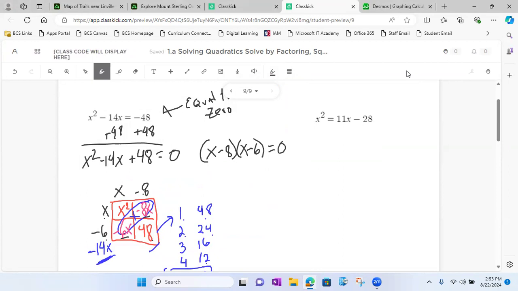Now, what we want to do at this point, if you remember from previous lessons, because this is a review, is we want to make this equal to 0. So our question is, what x value will make each binomial equal to 0?